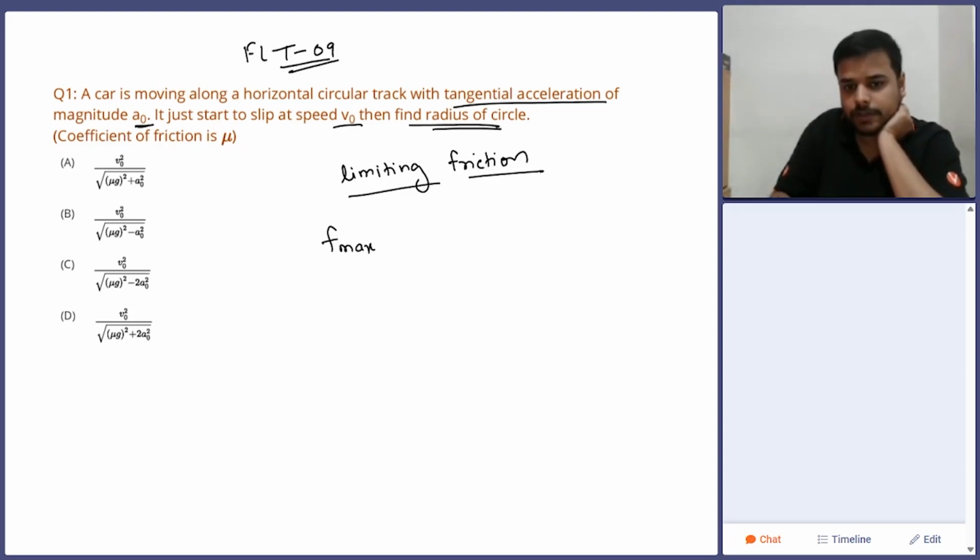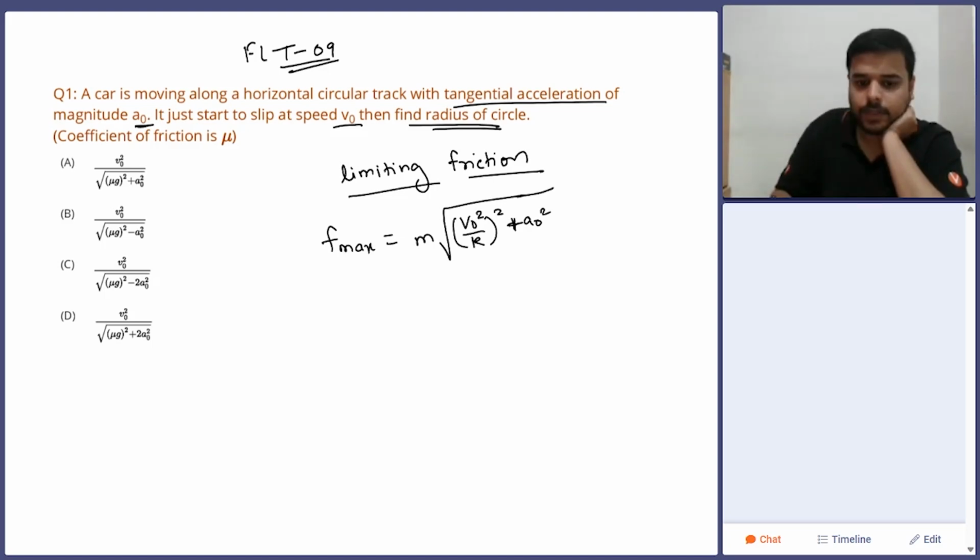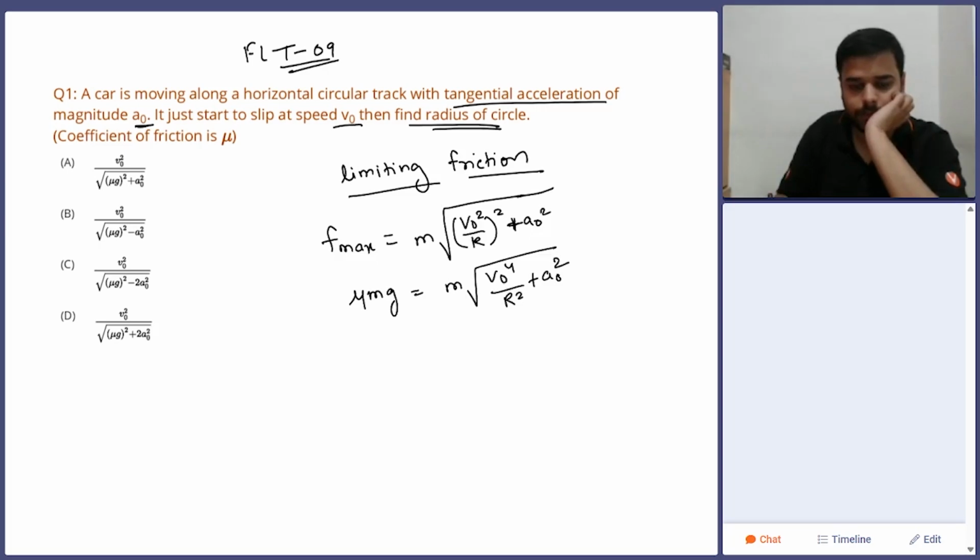So the value of limiting friction will be, m will be common, under root (v0 square by r) whole square plus a0 square. Cool. So now maximum value of friction we all know, that is equal to mu mg. So mu mg is m times under root v0 to the power 4 upon r square plus a0 square.